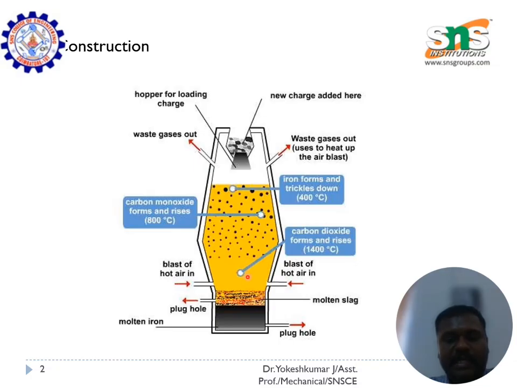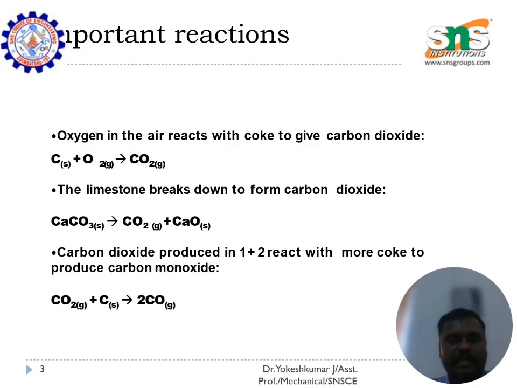That liquid metal is collected at the bottom, where we can remove the slag formed at the top layer by means of a plug hole. Then after removing the slag, the fresh metal is collected at the bottom, and by unplugging the hole we can collect the molten metal. And this is how the construction of the blast furnace is.